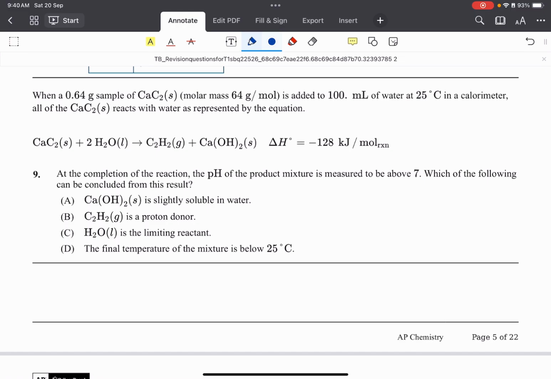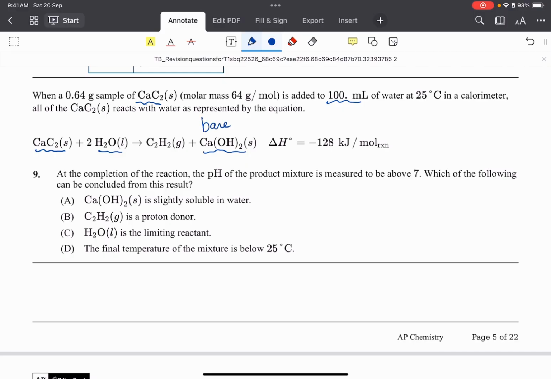Now, when 0.64 gram of calcium carbide is added to 100 milliliters of water in a calorimeter, the solution reacts with water as represented by the equation. So look at the equation. That's the powder that we added to water. We dissolved it in water and it gave me calcium hydroxide.